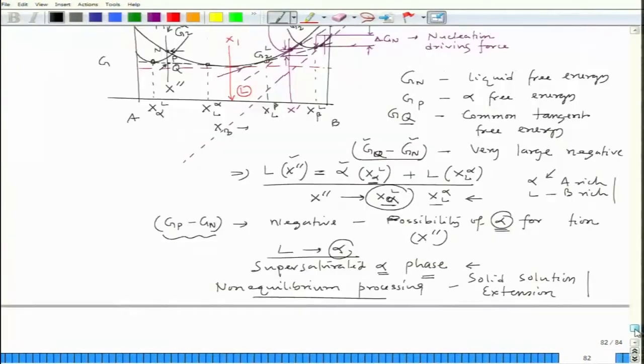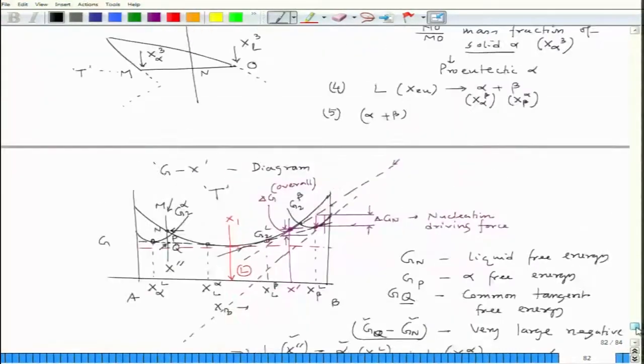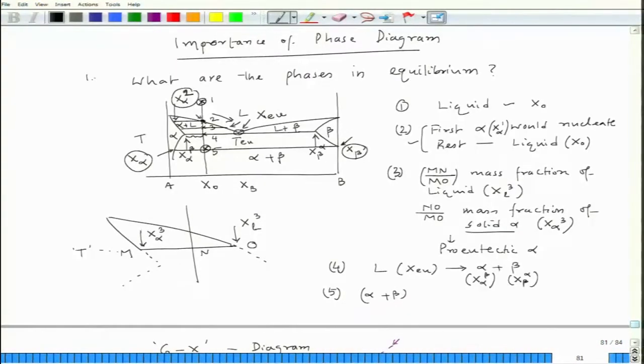Now, if we see this entire thing, the first advantage is this one, if I put it as information we are gathering.